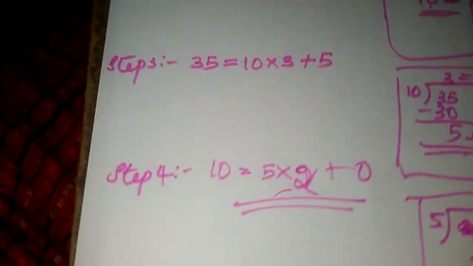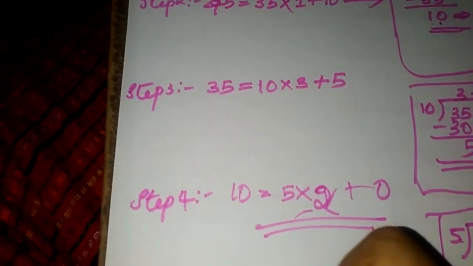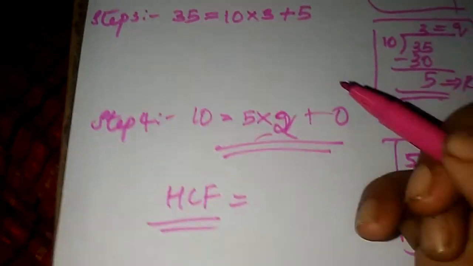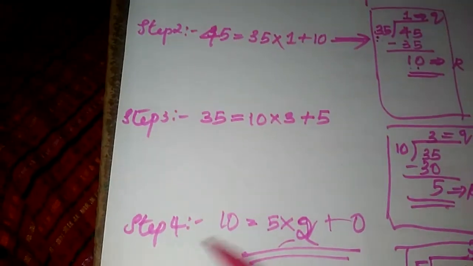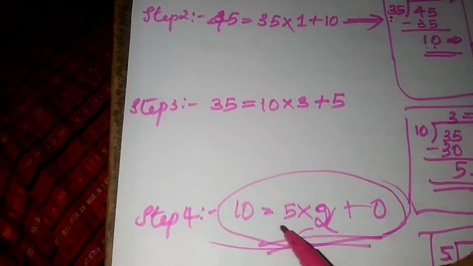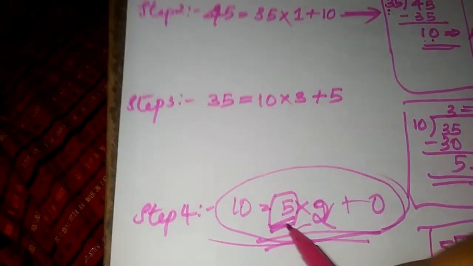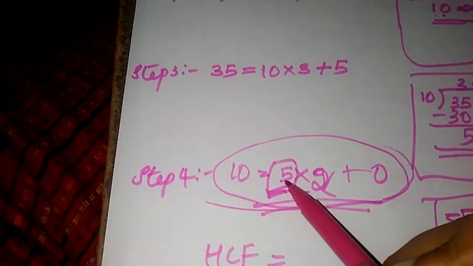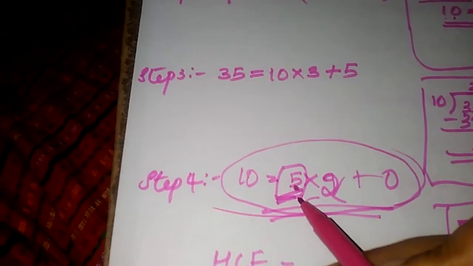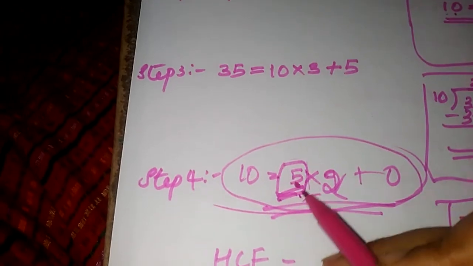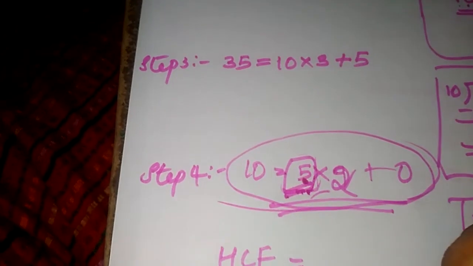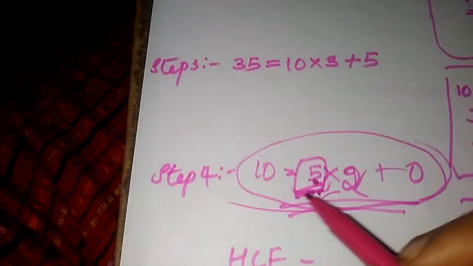From this, how to find the HCF? HCF is the highest common factor. Here, in the last step, you take the number b. Which one is the common factor here? 5 is the common factor.